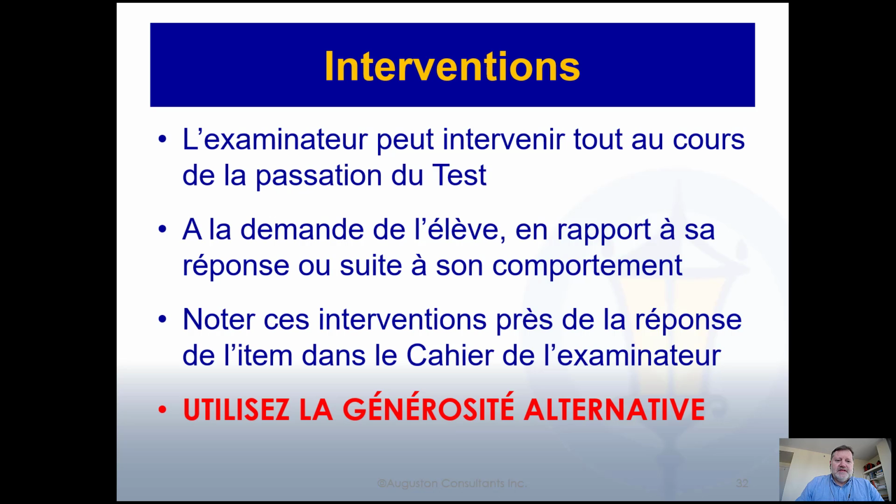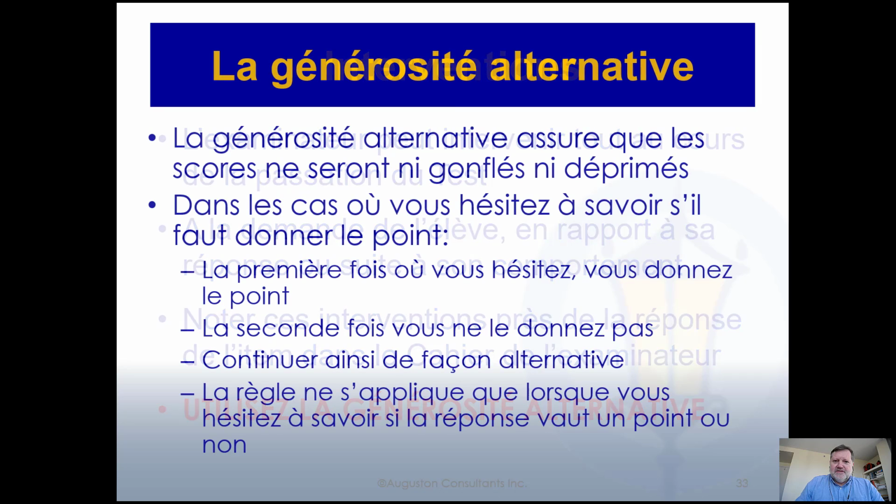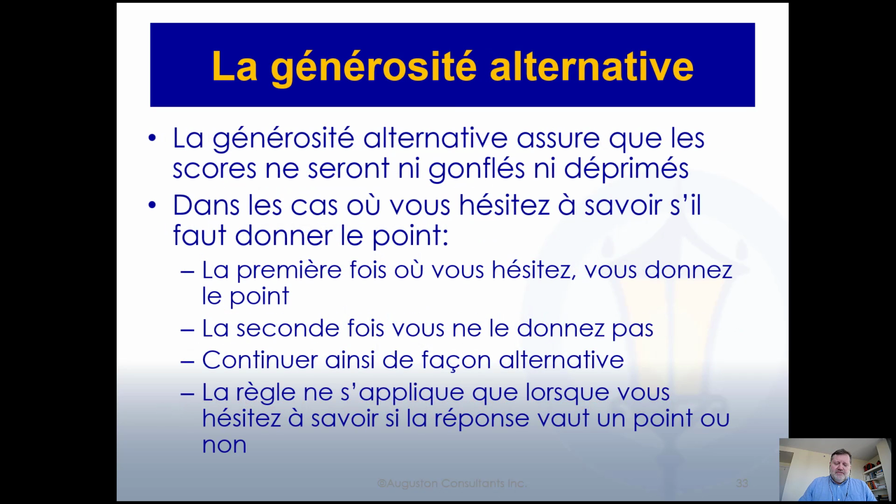One thing that's very important is what we call the alternate generosity. More specifically, when you hesitate, where you're not sure if you should give the point or not, for example, when the word reading was not as clear as expected, the first time you hesitate, you do give the point. The second time you hesitate during the same subtest, you do not give the point.